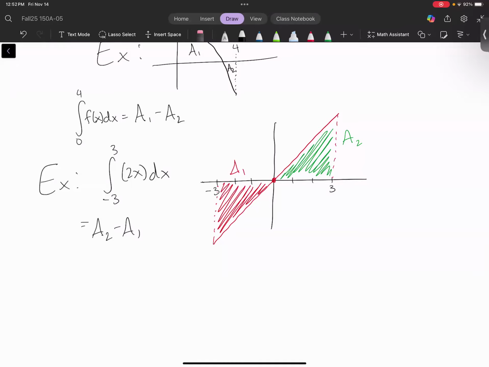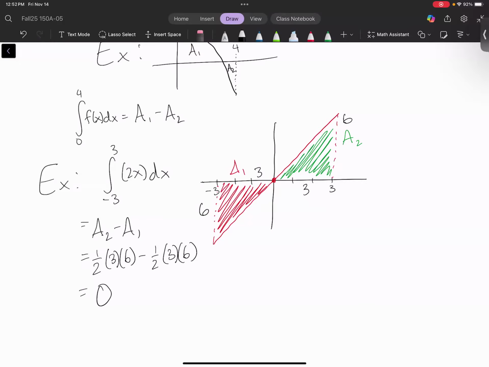Now, let's actually find them. You can figure out your heights and your bases. What you'll see is the heights here are both 6 and the bases are both 3. So the areas are actually the same. They're both a half times 3 times 6, but we're subtracting one from the other. So this integral, this net change in area, is 0.